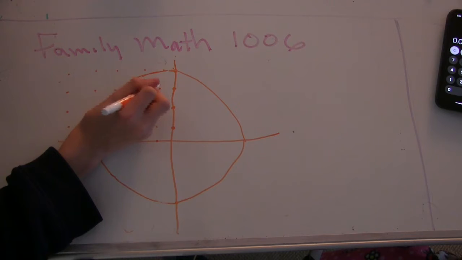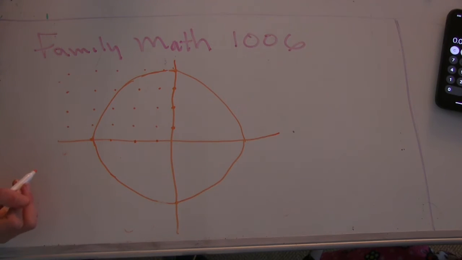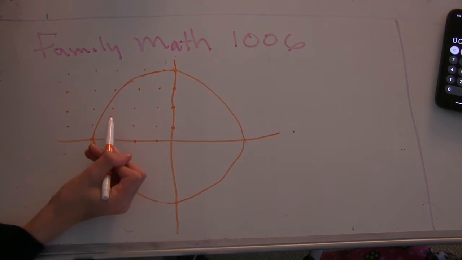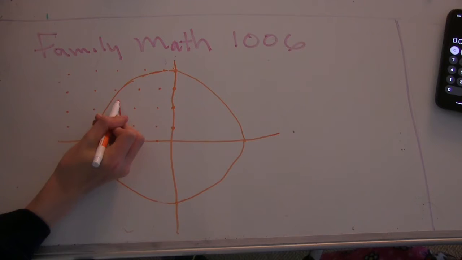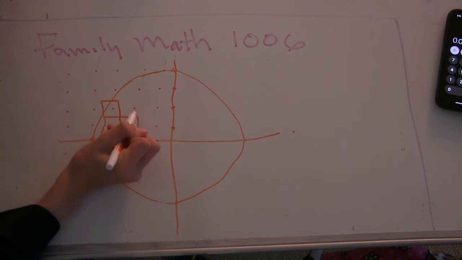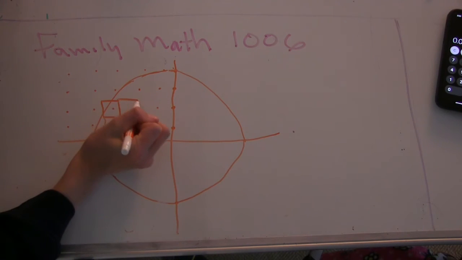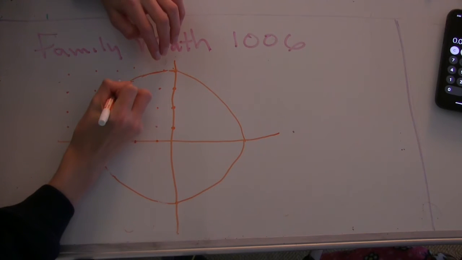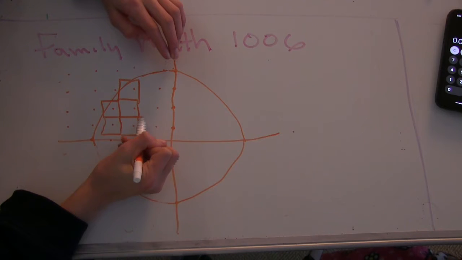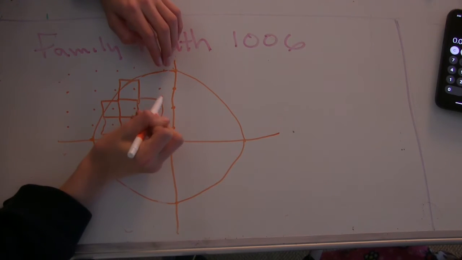So the reason why you can do this is because each of these lattice points is the center of a square with radius 1. And that corresponds to 1 unit of area, or yeah, 1 square unit. Yeah.